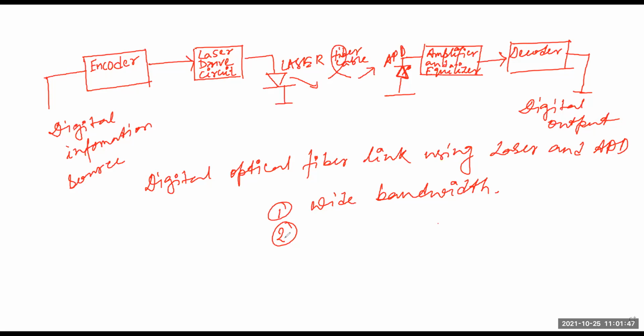When we use fewer repeaters, we invest a small amount, so we are getting some money savings from the repeaters. So this is the one thing, that is the low loss.